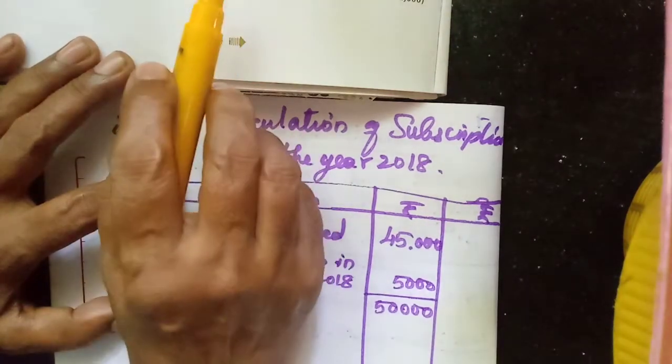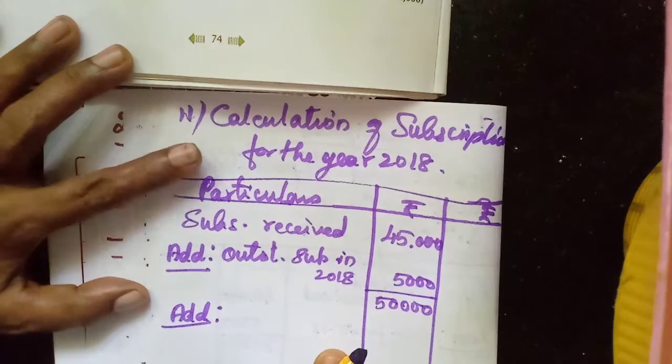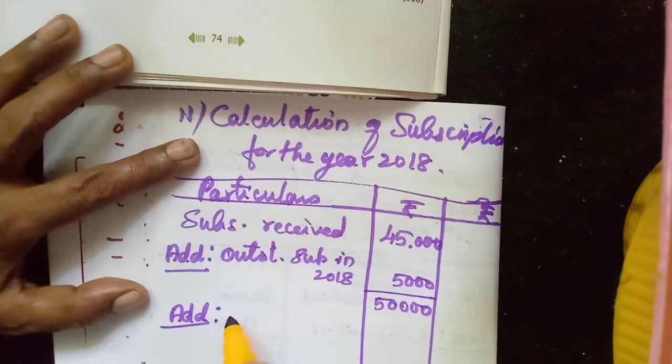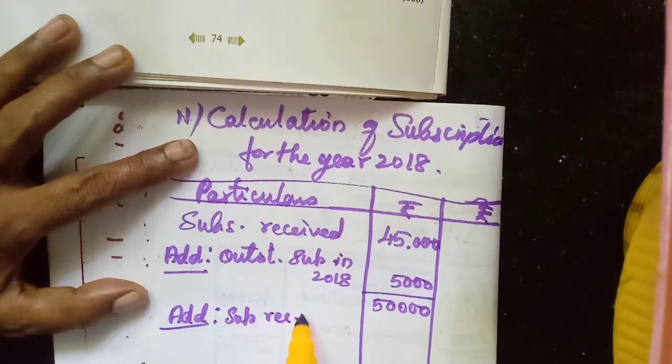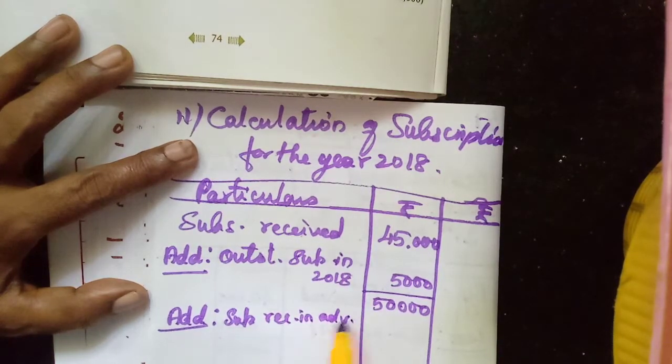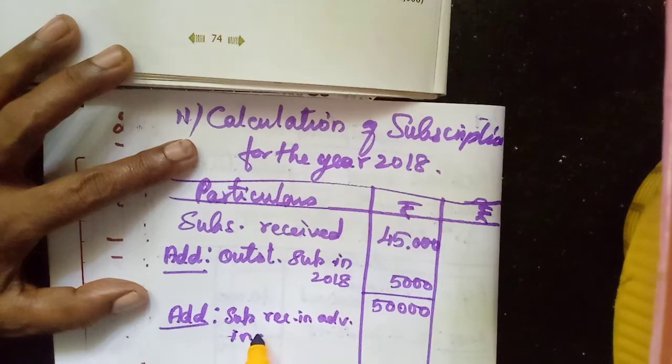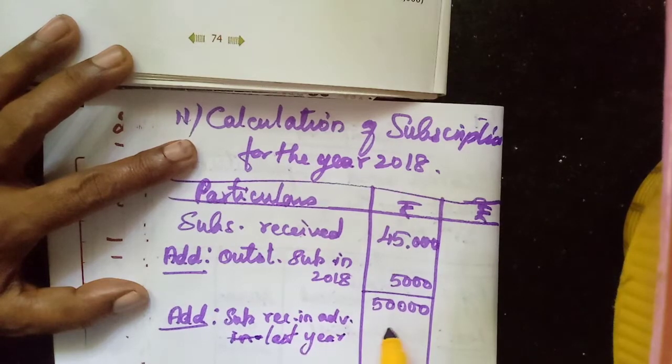Then again, here one more: subscription received in advance last year. Subscription received in advance in last year we know, 4,000.